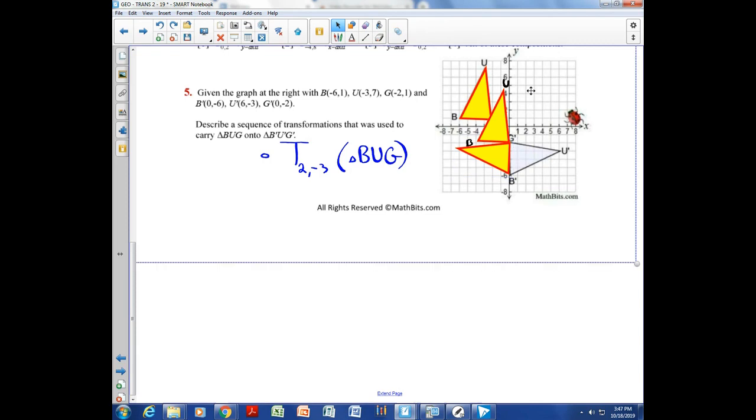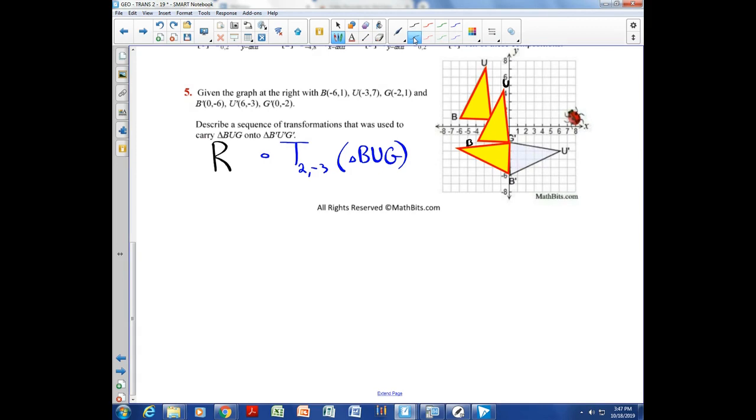So I'm going to do that. I'm going to take my triangle, and now I'm going to rotate it. What point did I rotate it around? G prime. So I rotate it around G prime. How many degrees? 90. And now the last one is kind of simple, because now I'm just going to flip it over and it's going to be right on top of the other one.